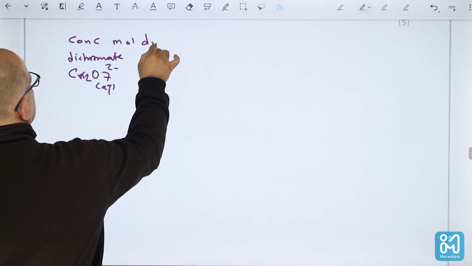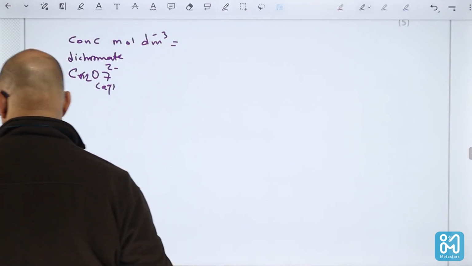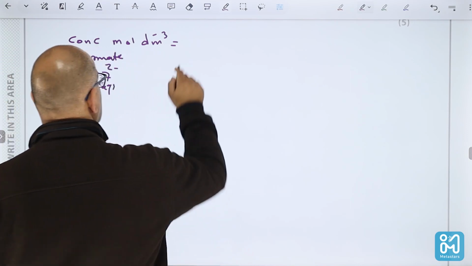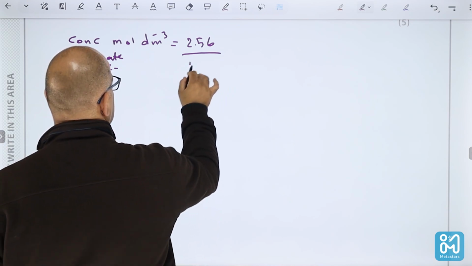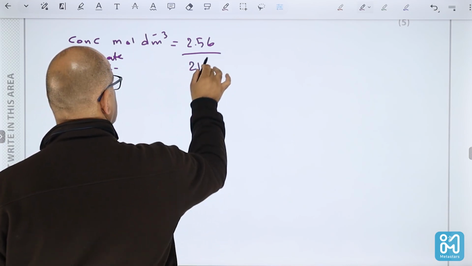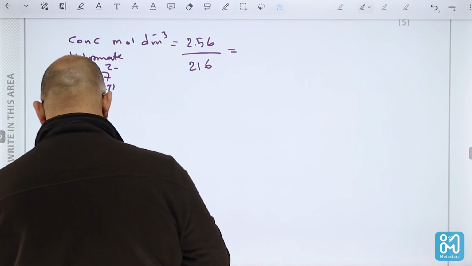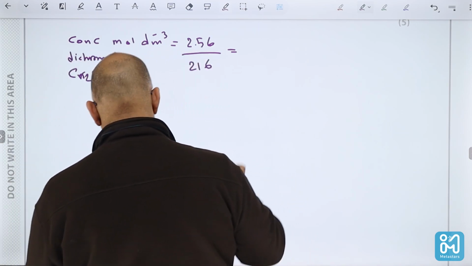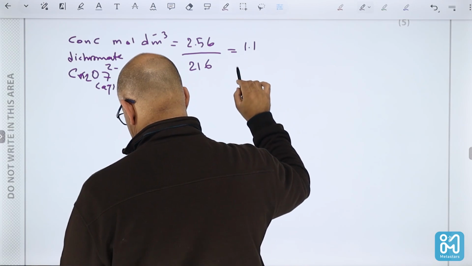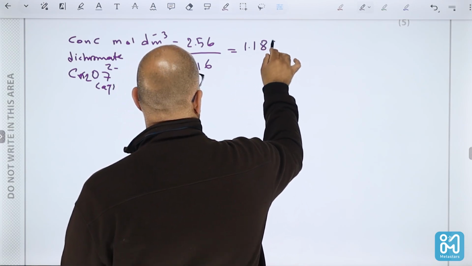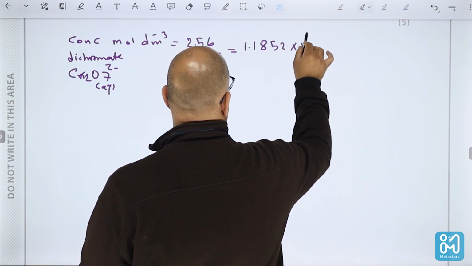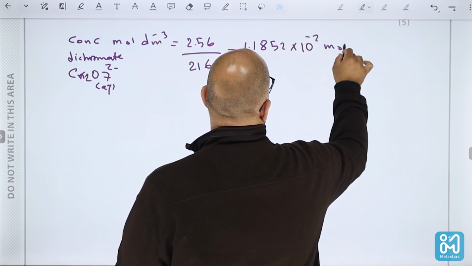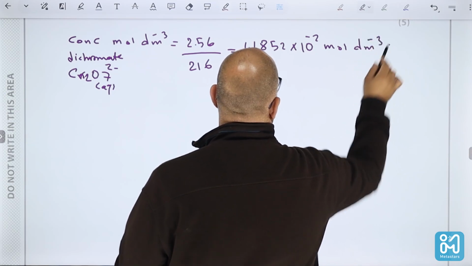We can find it in mole per cubic decimeter like that. If you take 2.56 over its molar mass, which is 216, this will give us 1.1852 times 10 to the power negative 2 mole per cubic decimeter.